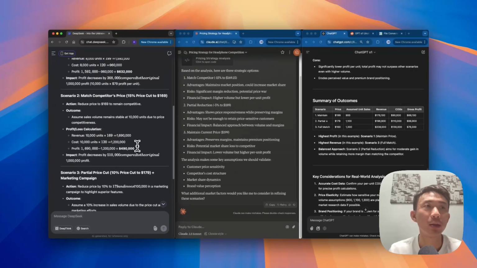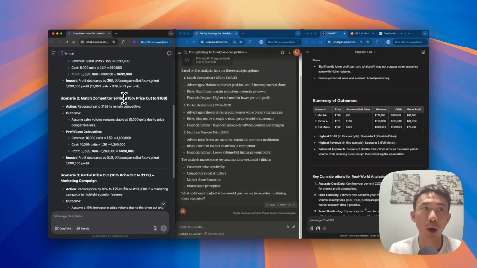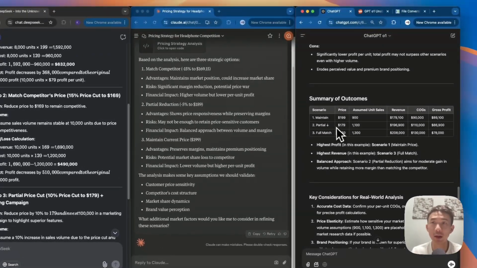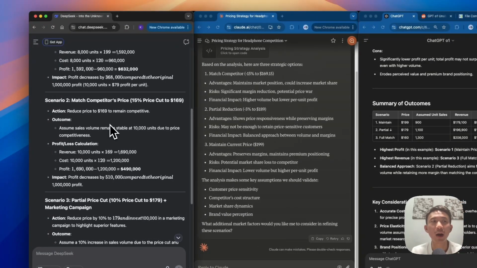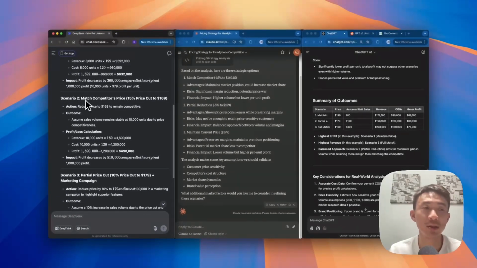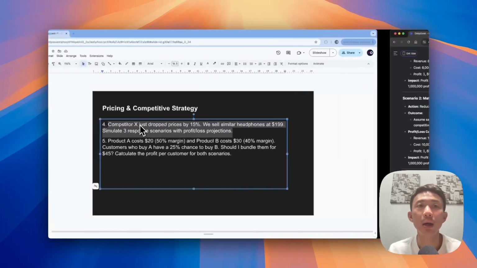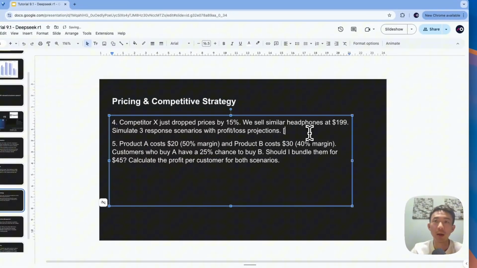What I like is that when we match the competitive price, it assumes the sales volume will remain stable, but the o1 price model assumed there would be a 30% increase in sales. So I would say DeepSeek-R1's suggestions or scenario planning makes more sense to me. So I would choose DeepSeek here.